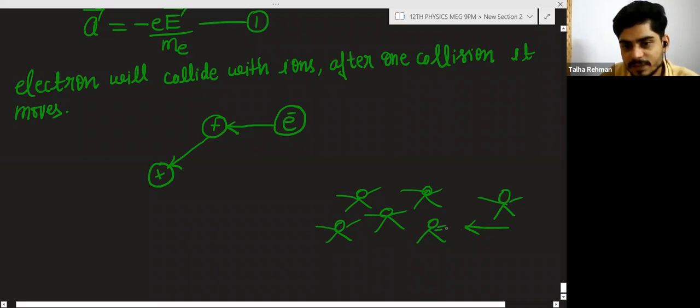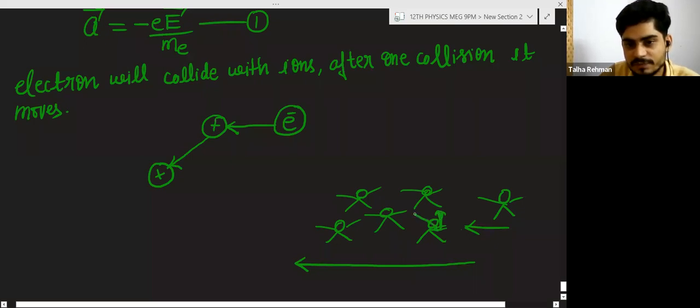When you collide with this person, maybe you will move a little bit to this side. After that you want to go in this direction, but because you collided with this person, your direction has changed a little bit.